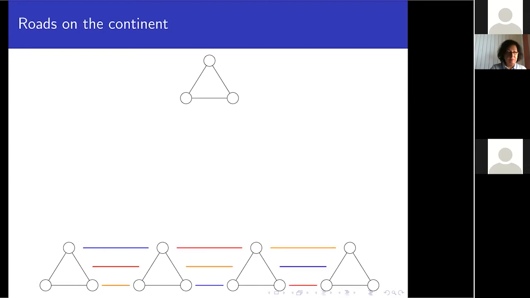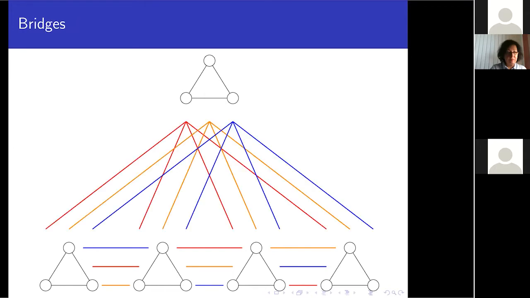On the continent we have blue, red, and orange edges between these triangles, and we have blue, red, and orange bridges between the island and the continent. This defines a Jordan scheme of rank 5. But it is improper, since it is the symmetrization of this association scheme, which comes from A5.